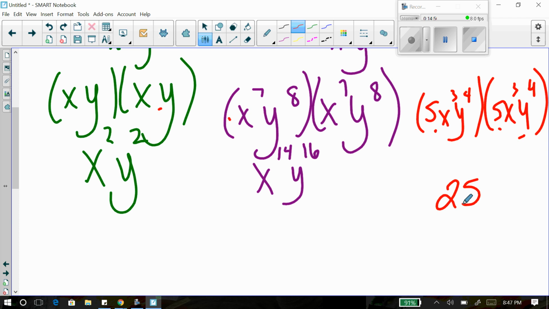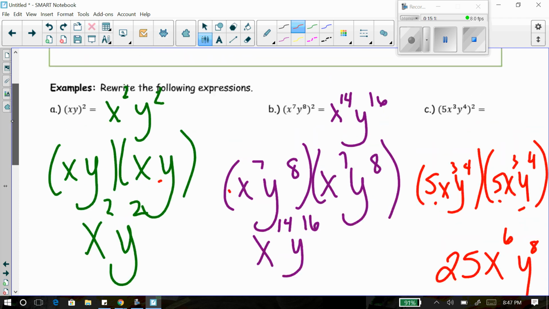X to the third times x to the third. We know when we multiply, we add exponents. Y to the 4th times y to the 4th is y to the 8th, because 4 plus 4 is 8. So that's what our answer should pan out to.